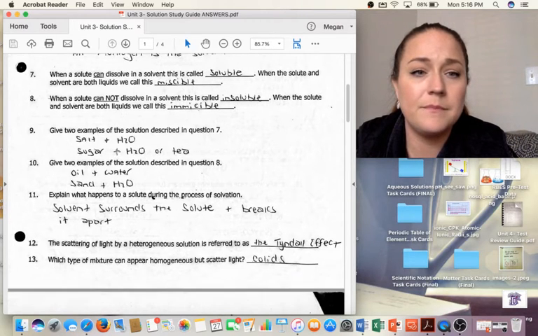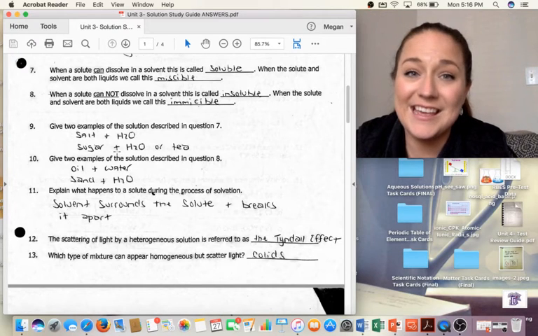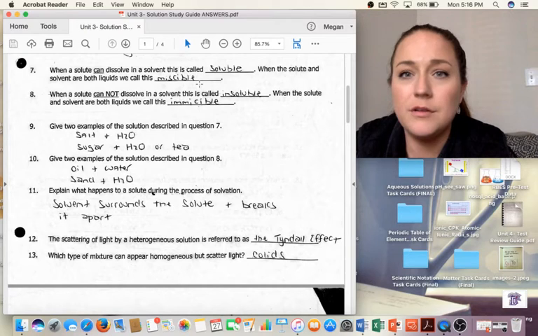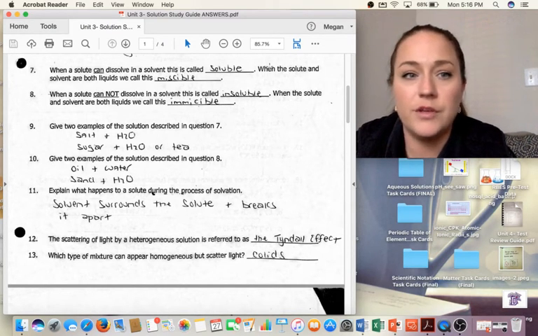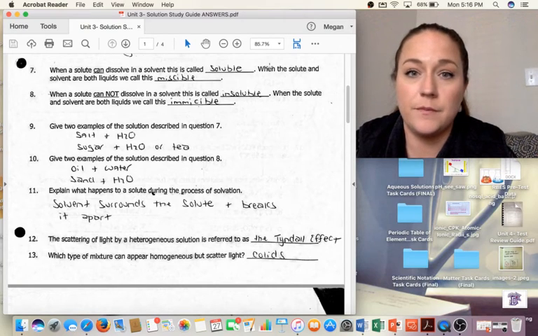All right. Number 7, when a solute can dissolve in a solvent, this is called being soluble, from solubility, the ability to dissolve. When the solute and solvent are both liquid, so you have two liquids that can dissolve into each other.